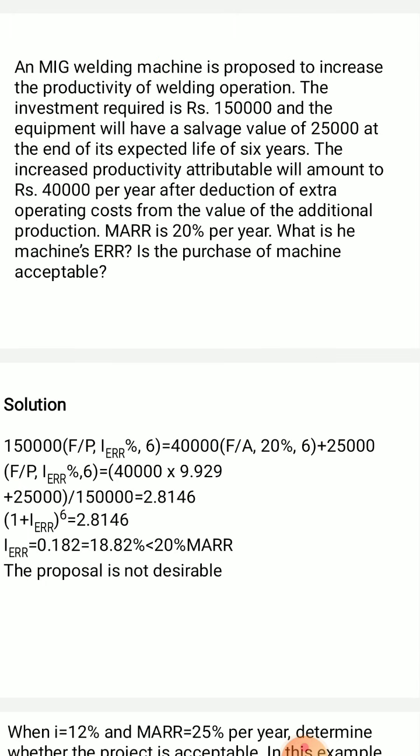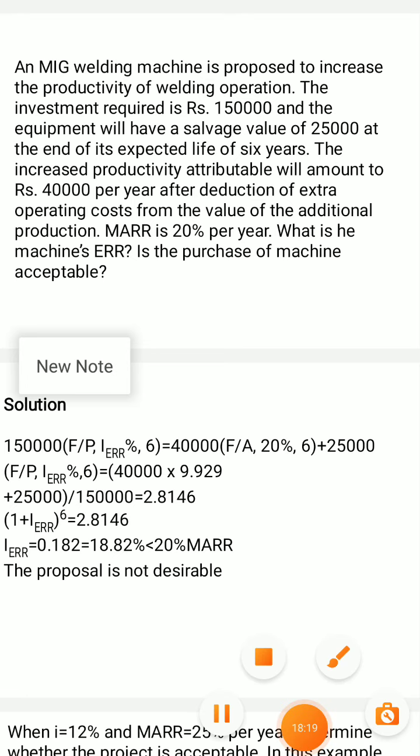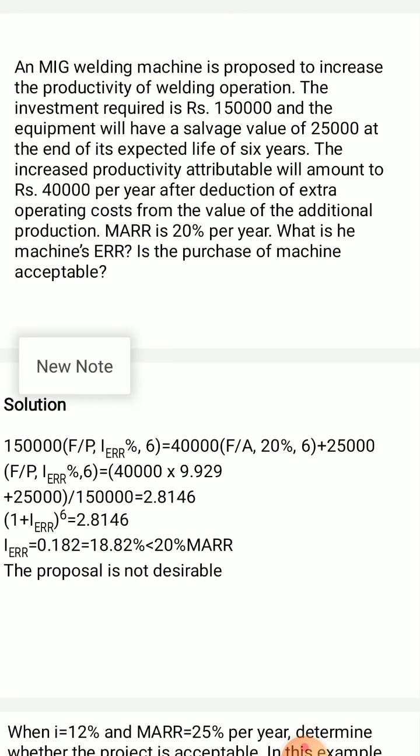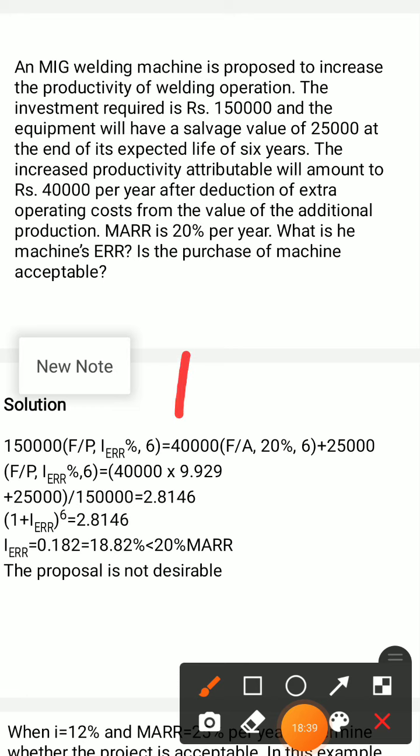So here 1,50,000 is initially invested, so this is a single payment compound amount with some external rate of return for a period of 6 years. This 40,000 is a revenue or receipt each year after deduction of the particular expenses.